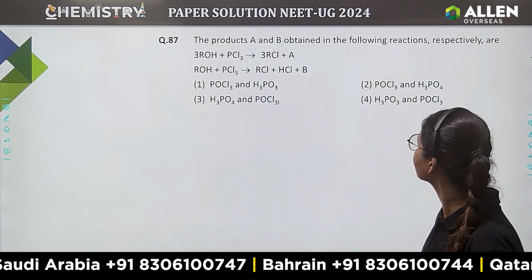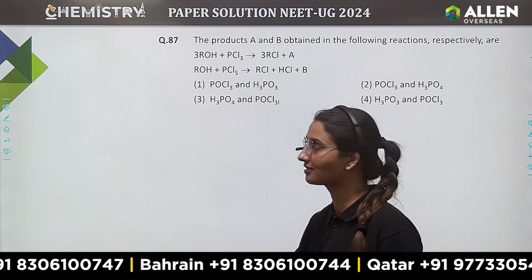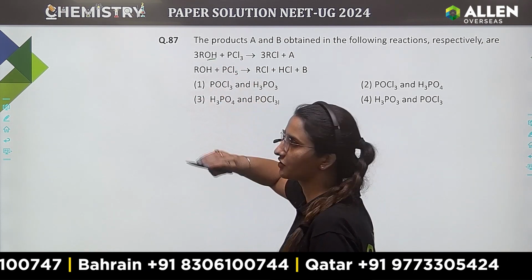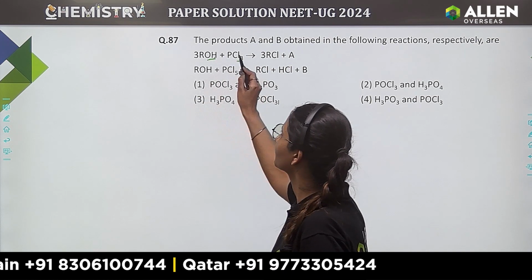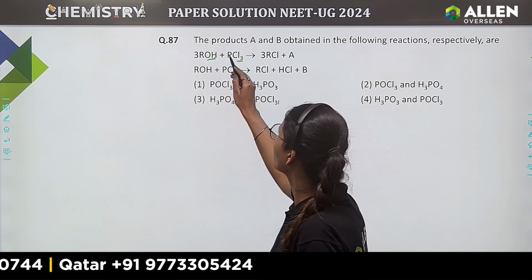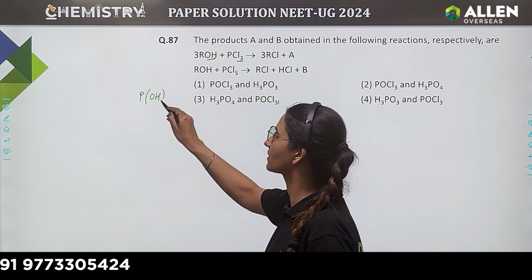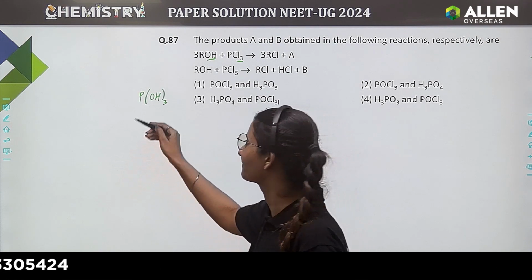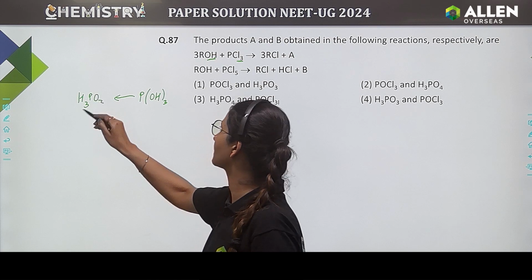Next. You have to find the products of a direct reaction. You have done this many times. When you have 3OH, what happens? 3Cl go with R, giving RCl3, and 3OH go with P. If P is attached to 3OH, we get H3PO3.